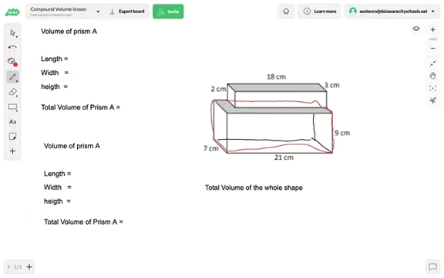That's a whole other piece. While this is not altogether a rectangular prism, it's made up of two rectangular prisms.